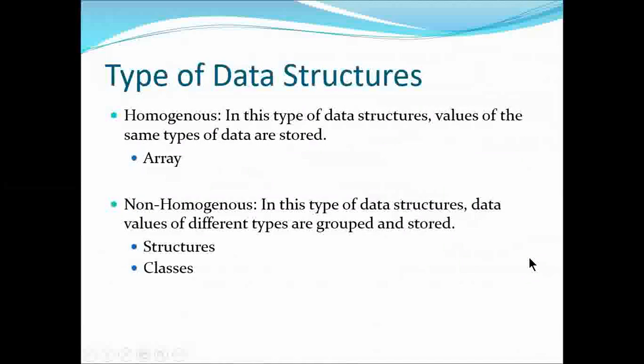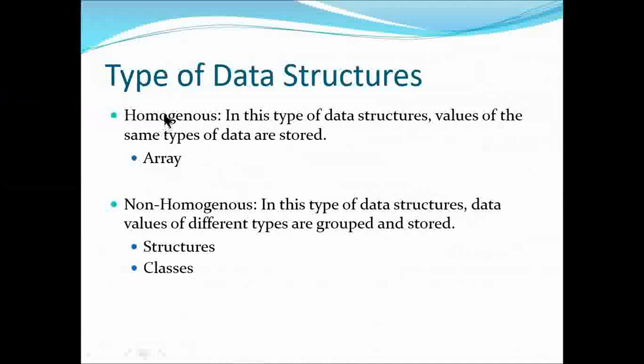So now the types of data structures continue. We have seen another type, the third one, which we call homogeneous types. In this type of data structure, values of the same type are stored. Arrays are the best examples of homogeneous data structures, where you can only store same data types, nothing else.